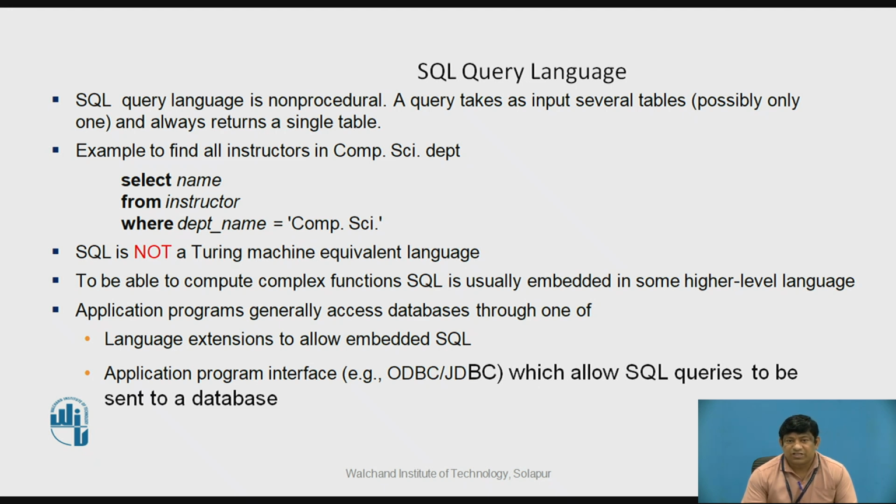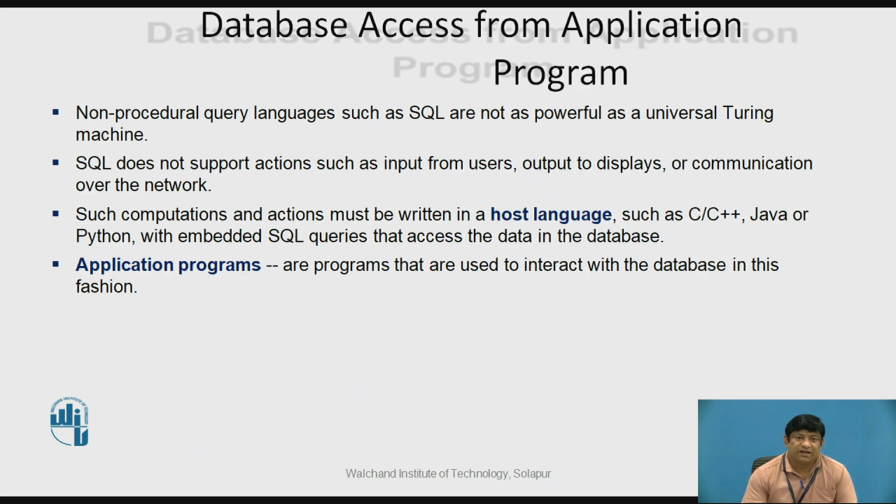Application programs generally access the database through one of the language extensions to allow embedded SQL, or an application program interface which allows SQL queries to be sent to a database. Non-procedural query languages such as SQL are not as powerful as a universal Turing machine.